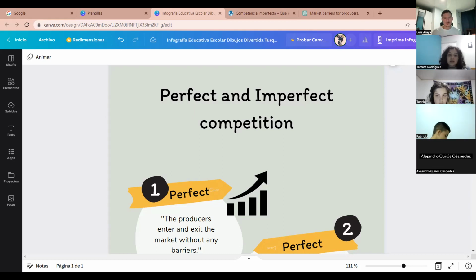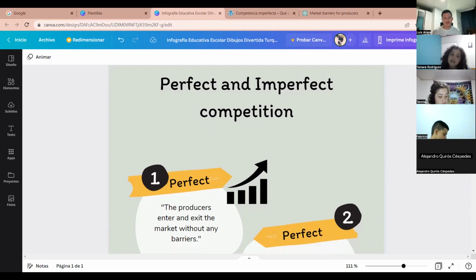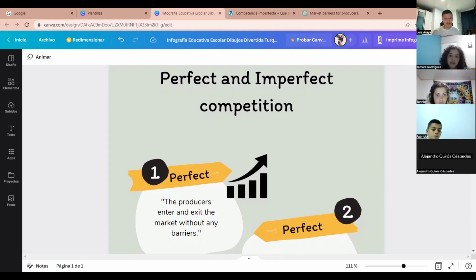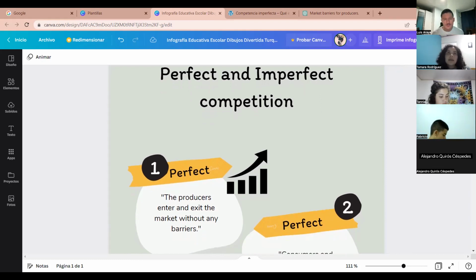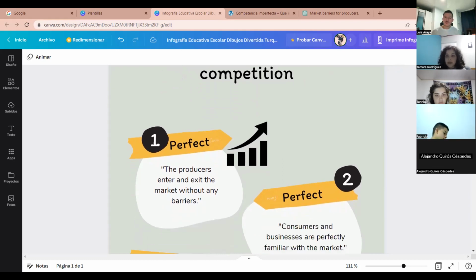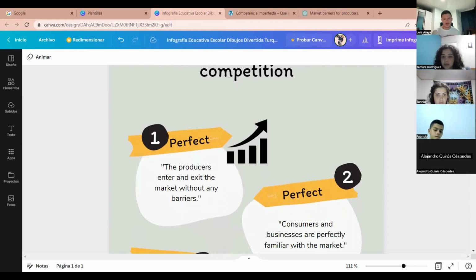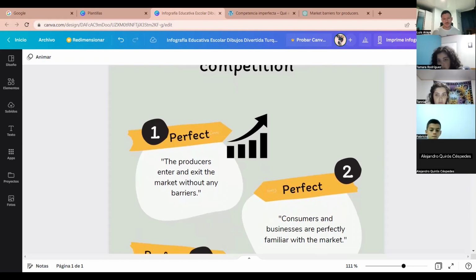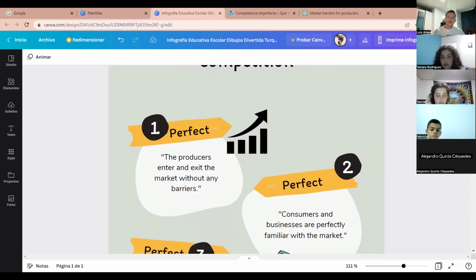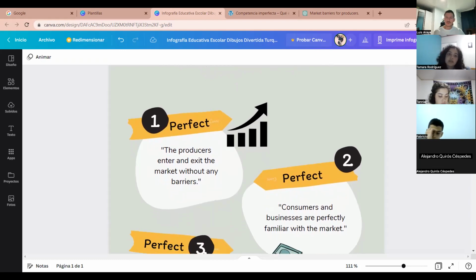So some characteristics of perfect competition are, first, producers enter and exit the market without any barriers. This means that there is no impediment to offering products or to stopping doing so. Then the second one is consumers and businesses are perfectly informed about the market.